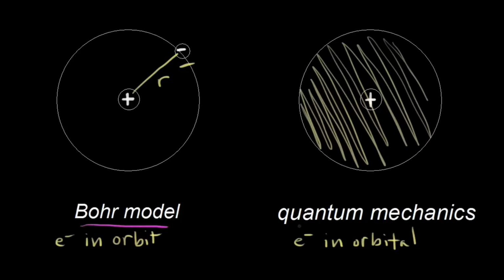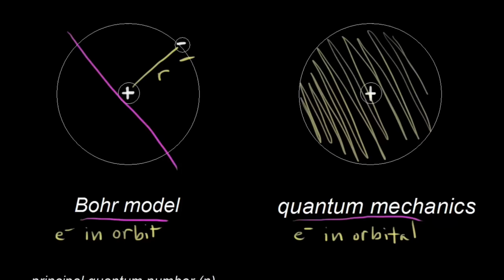But quantum mechanics says we don't know exactly where that electron is. The Bohr model turns out to be incorrect, and quantum mechanics has proven to be the best way to explain electrons in orbitals. And we can describe those electrons in orbitals using the four quantum numbers.